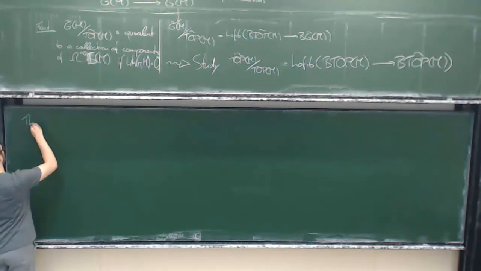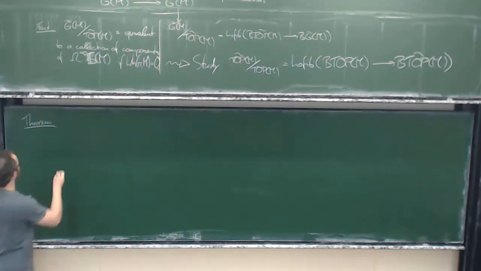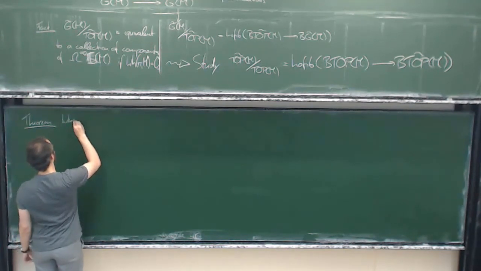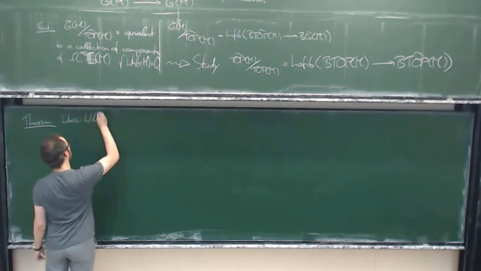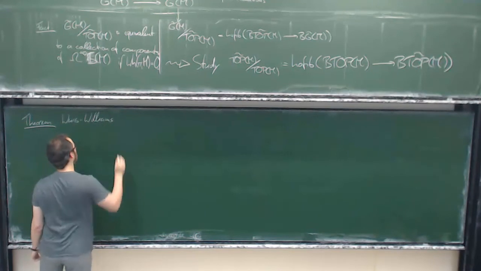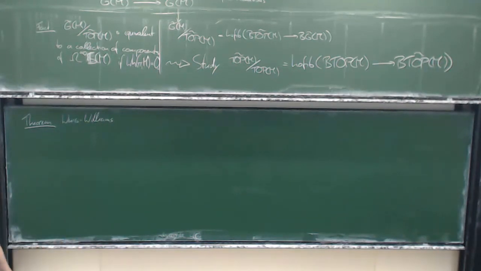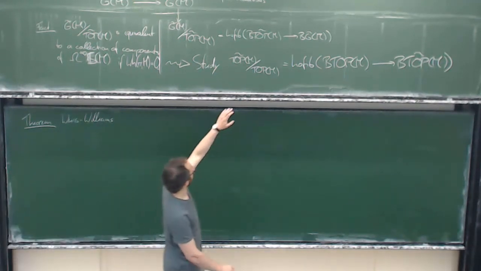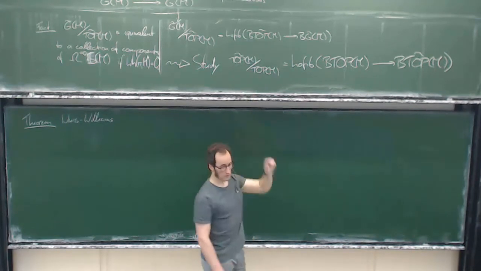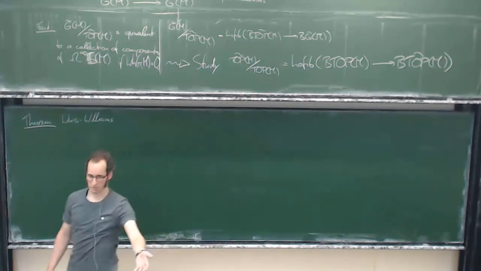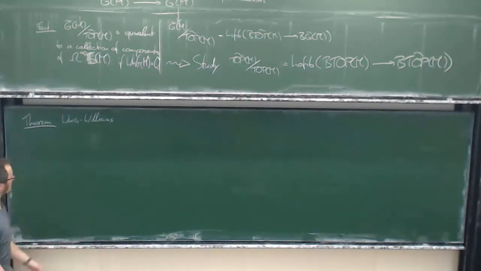Unfortunately, there's a theorem due to Weiss and Williams which puts us in a position that allows us to connect the homotopy groups of this space again back up to algebraic K-theory.